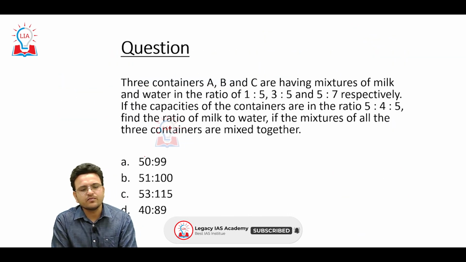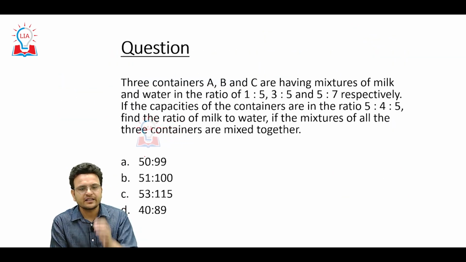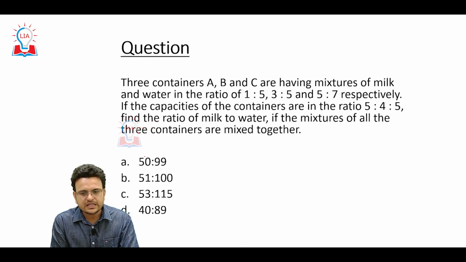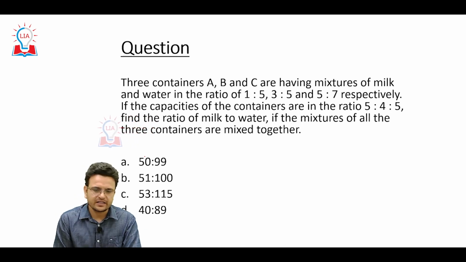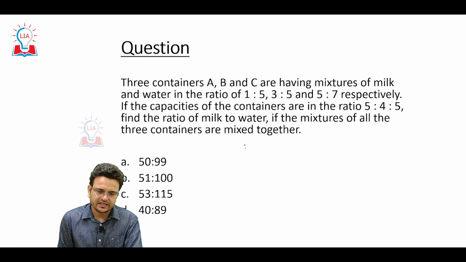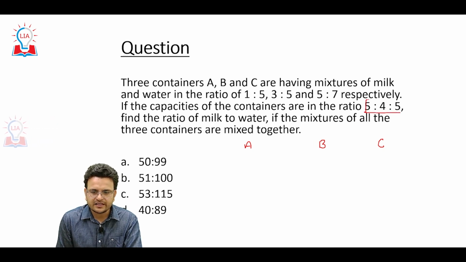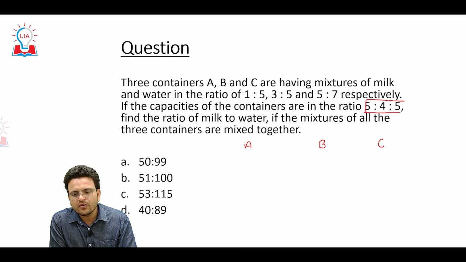Now see one more question. Here 3 containers A, B, C having a mixture of milk and water in a ratio. We have container A, container B and container C. The capacity of containers A, B, C is 5, 4, 5.